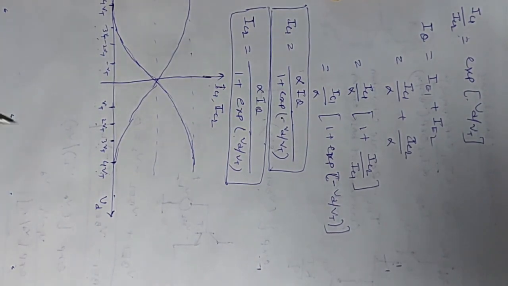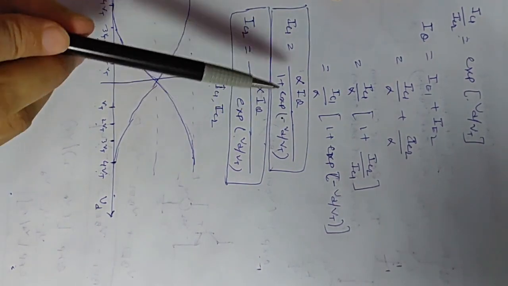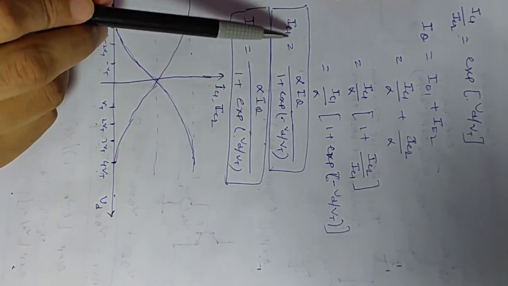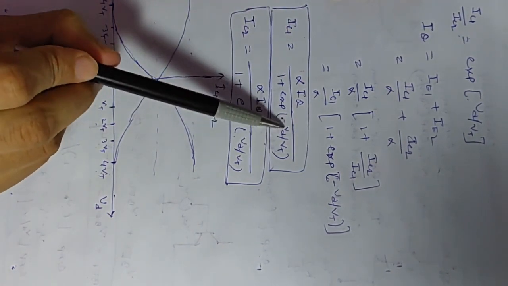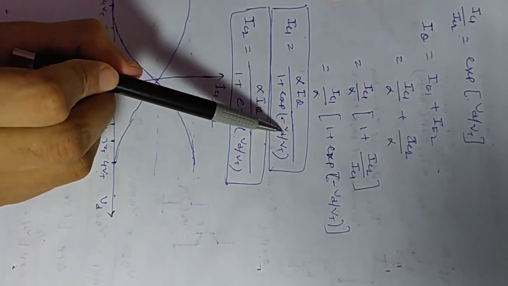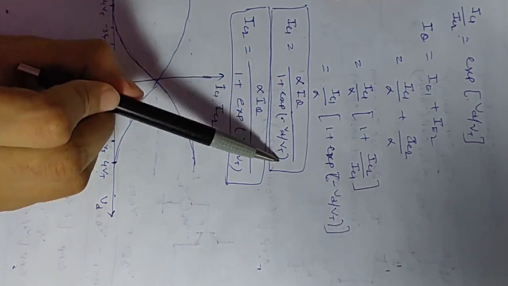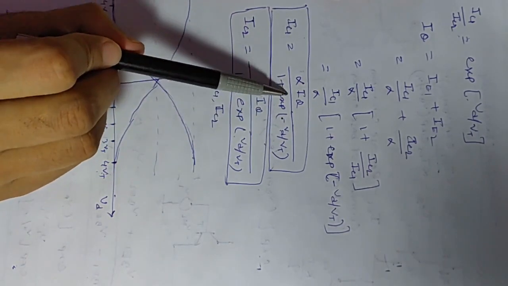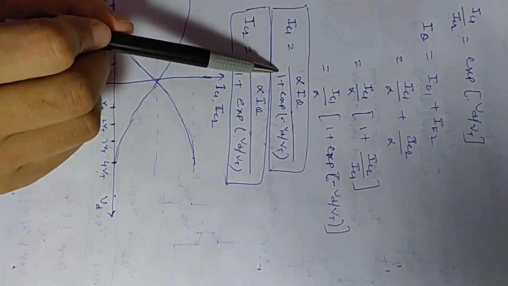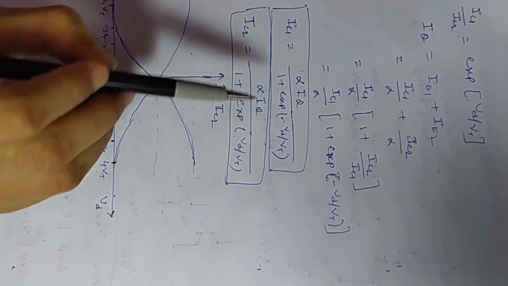By looking at the expression, you can see that for IC1, if I increase Vd on this axis, the denominator will have less value, so as a result IC1 will increase.